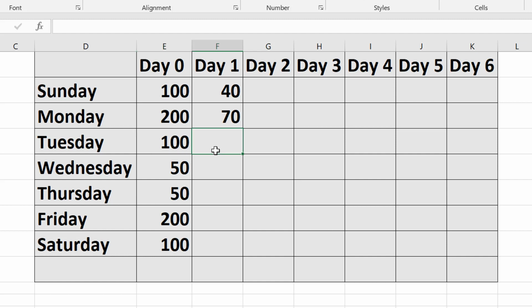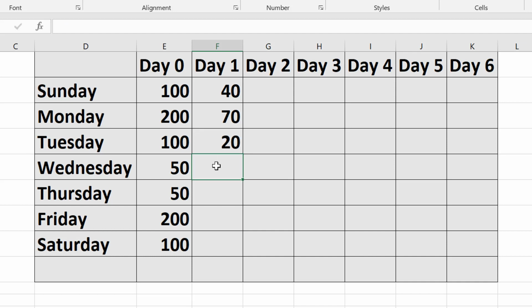Now, on Tuesday, 100 people were acquired, but on the very next day, which is day 1, which would be Wednesday, we got, let's say, 10 people. Let's say 20 people, because 100 out of 100, 10 would be like too less. So let's assume it is 20 people.